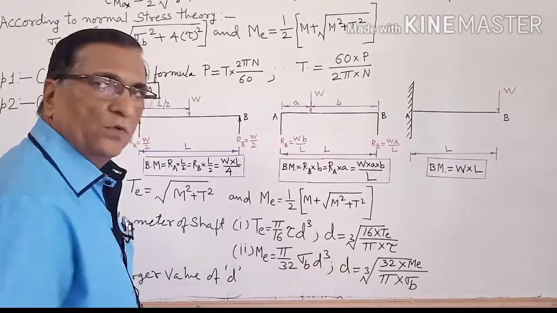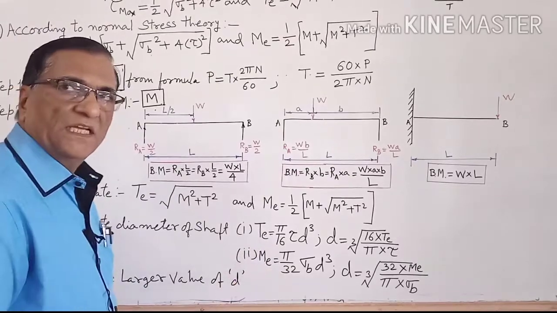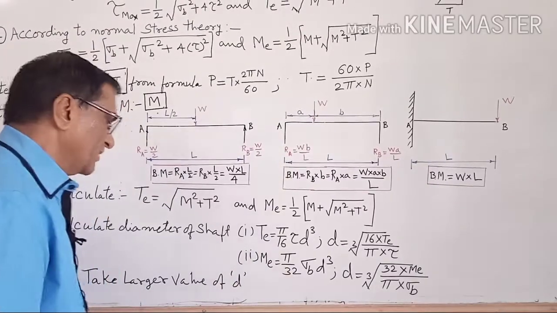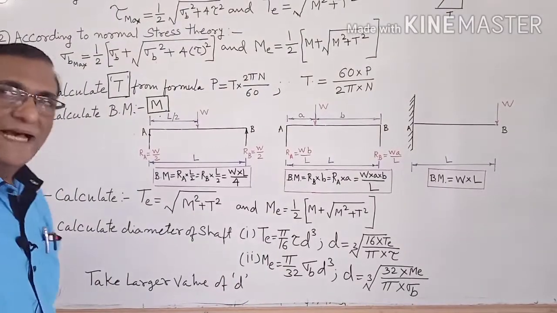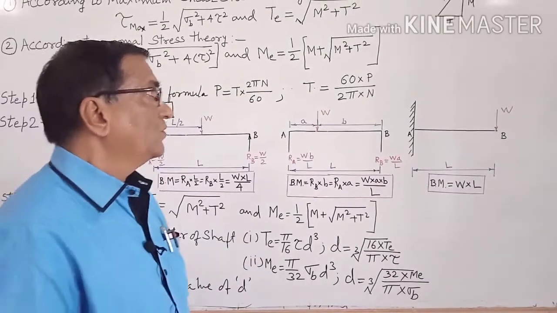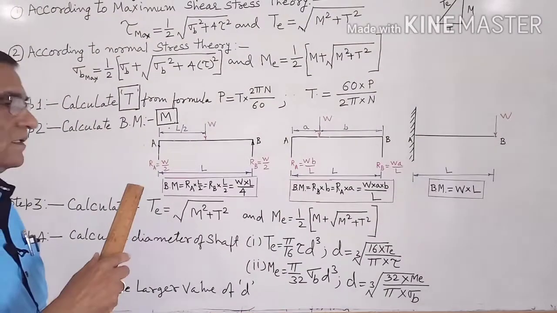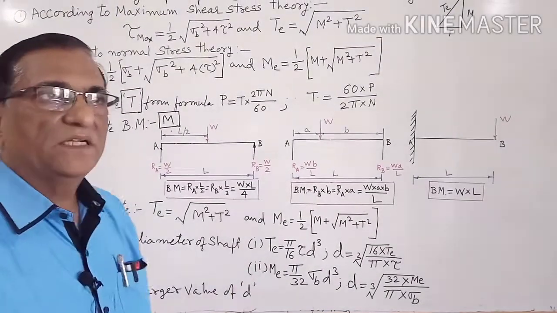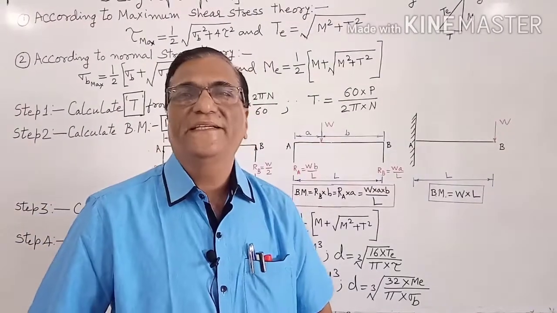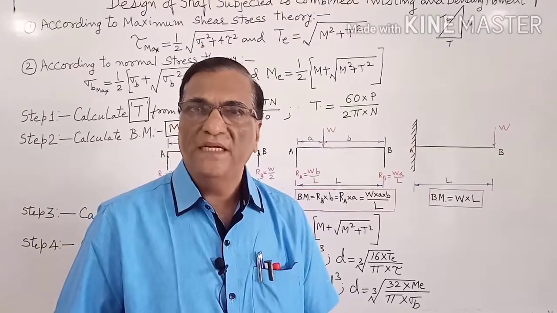We will get two values of the diameter, one from the equivalent torque and one from the equivalent bending moment. So we will take the larger value of the diameter D. So this is the process of determining the diameter of a shaft subjected to combined twisting and bending moment.